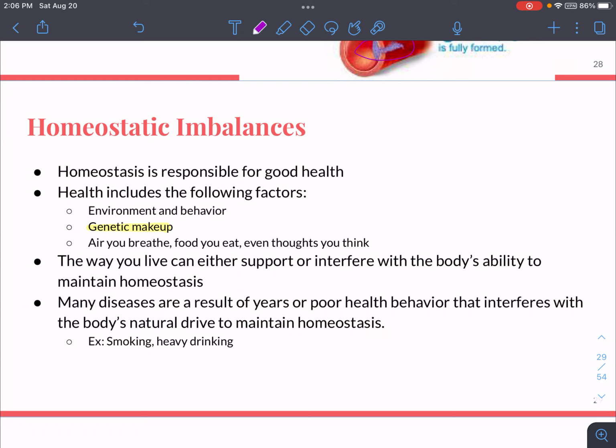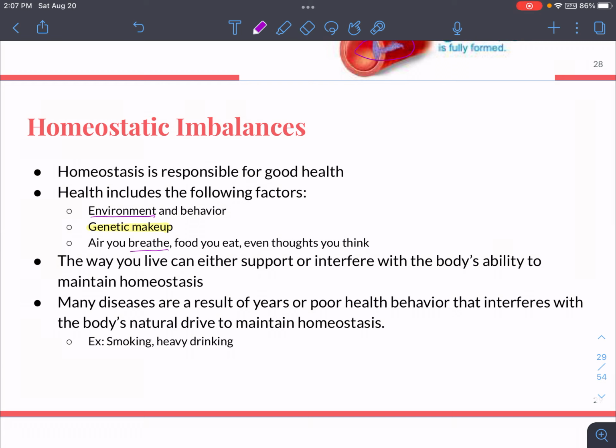That's the one thing that you cannot control in your health, unfortunately. So you try to work hard on being in a good environment where you're not around a bunch of chemicals all the time. Try to have good behaviors, exercising, not smoking, not drinking, not eating lots of fatty foods, which feeds into the third one, the air you breathe.